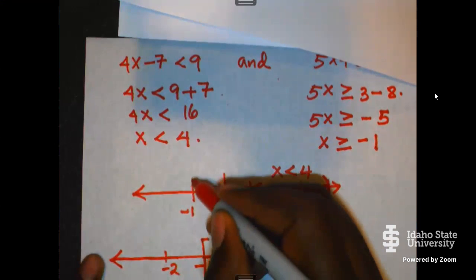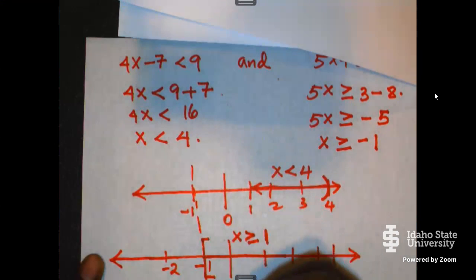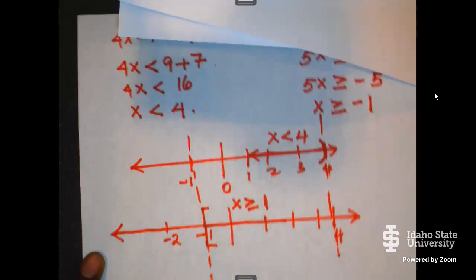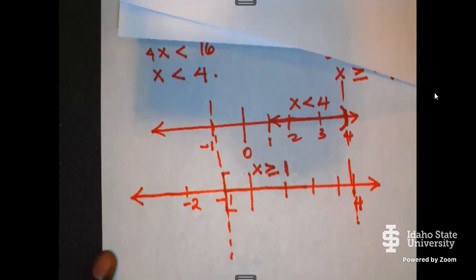So what will be our region? So this is our region there and here. So the one which will satisfy both will now be what? 0 here, 4 there, and then minus 1 here.